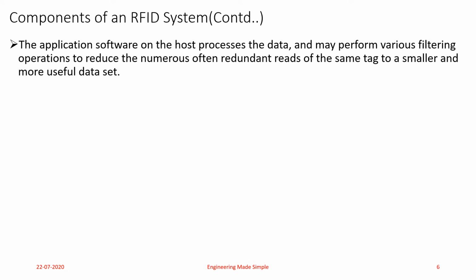So why waste our time and processing resources on duplicate sets of information? That is why data validation is done by filtering and numerous other operations to remove redundant reads of the same tag to a smaller and more useful data set, which provides us more insights, or the data quality improves for further processing.